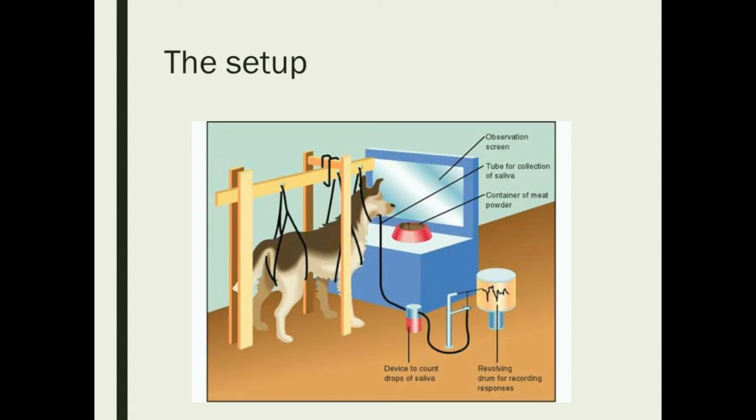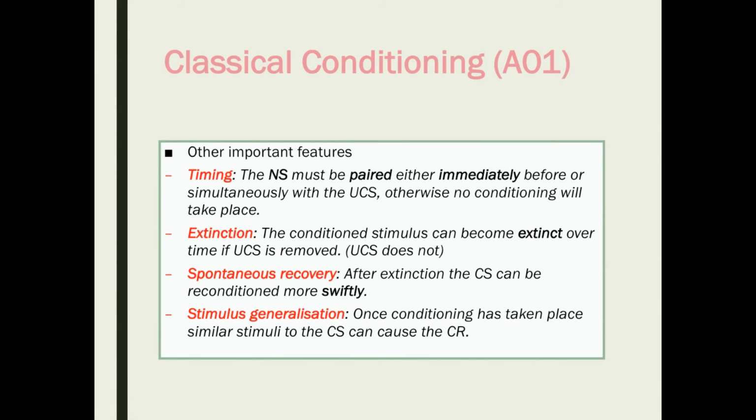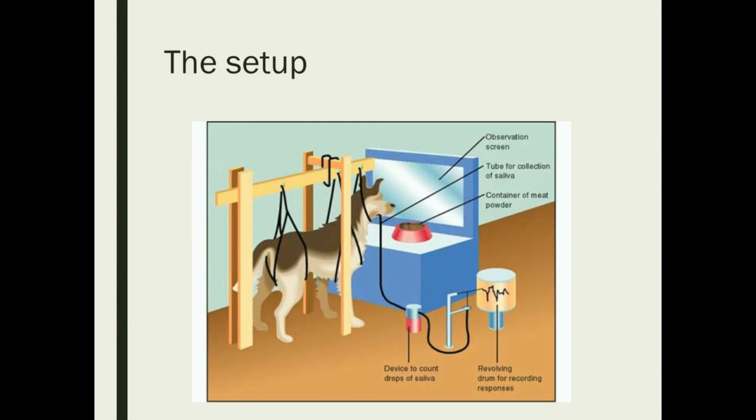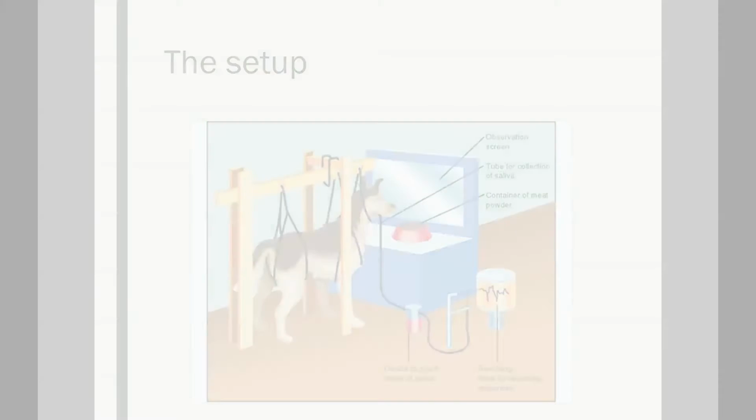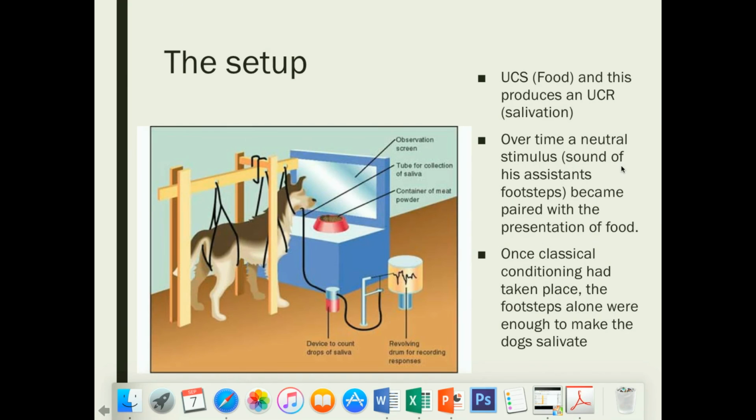So, one of the things that Pavlov found was that when the dog heard the footsteps of his lab assistant, he would begin to salivate. So he would salivate just before the food was presented.